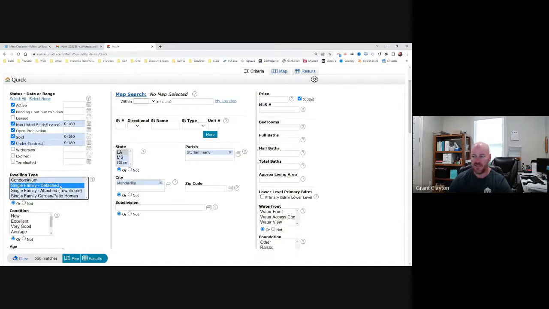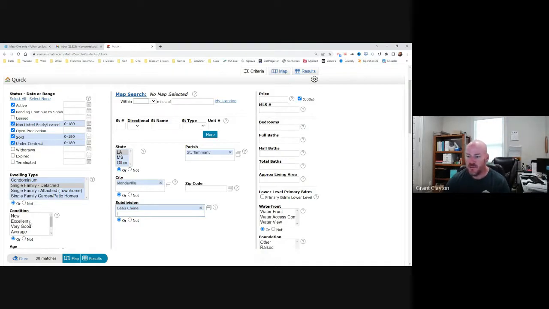I'm looking at single family detached homes, and then the subdivision of Beauchene. In a perfect world, you'll be dealing with subdivisions and it's all pretty cut and dry. But obviously, when you're dealing in cities, it can change dramatically from block to block and street to street. I'll go over how to do that in just a moment.